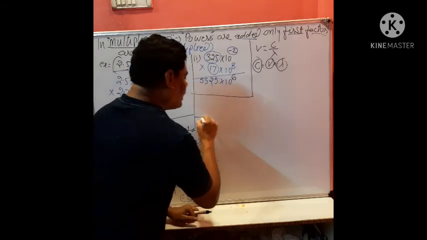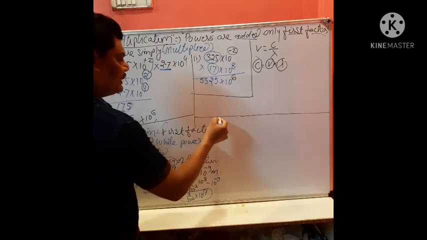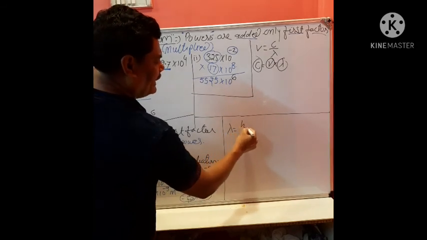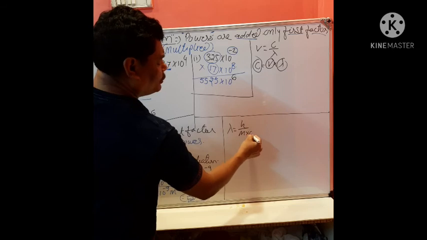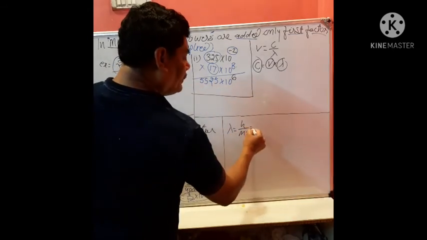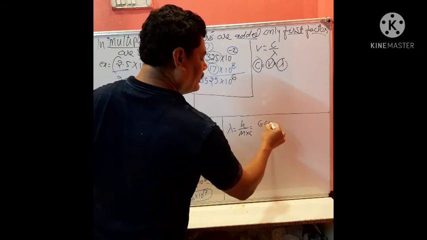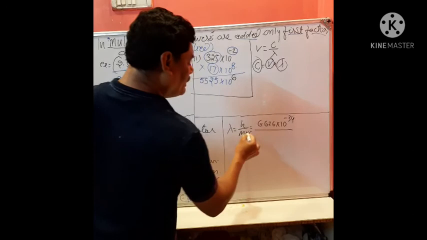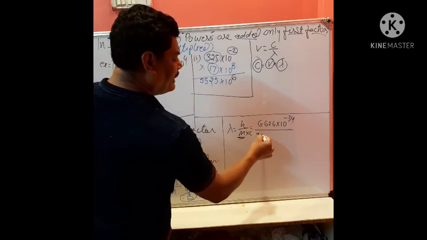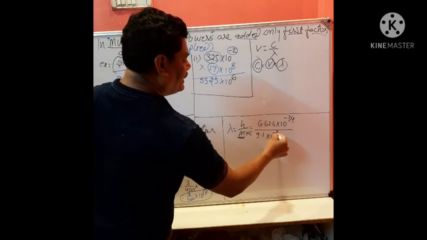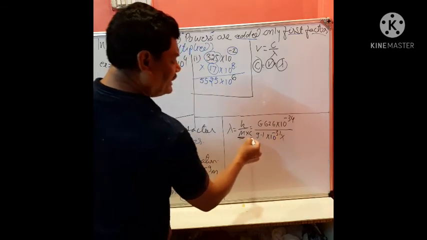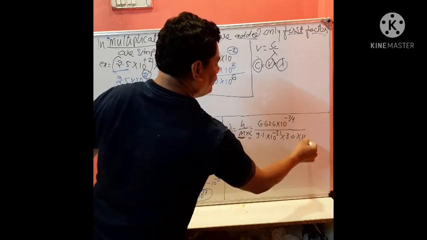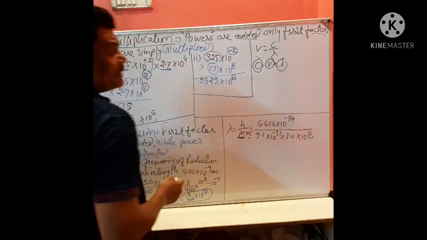Okay, student, there are a lot of questions regarding it. Like in the structure of atom, we will introduce lambda is equal to h upon m into c. Now the value of h is 6.626 into 10 to power minus 34, divided by the mass of electron, 9.1 into 10 to power minus 31, into the velocity of light, that is speed of light, 3.0 into 10 to power 8 meter per second.